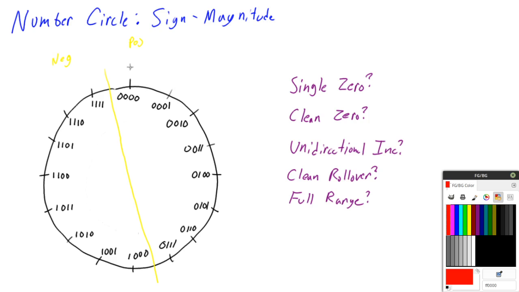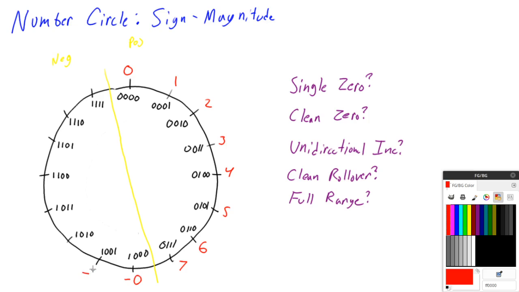So this is just a 0. This is a 1. This is a 2. This is a 3, 4, 5, 6, and 7. And then we've got this guy here. This is a negative value, but the magnitude is still 0. So I guess we could say negative 0, which is just the same as 0, right? 0 doesn't really have a sign.